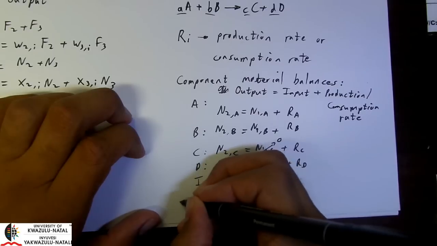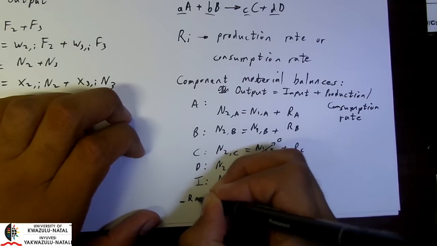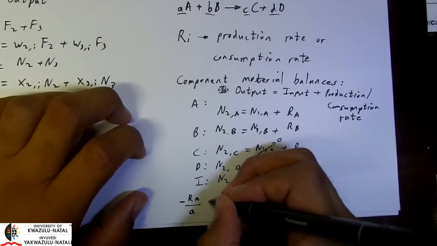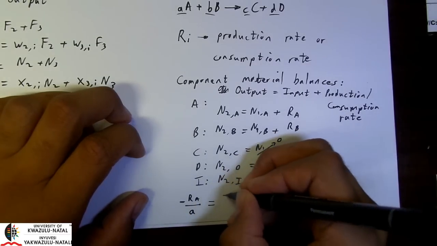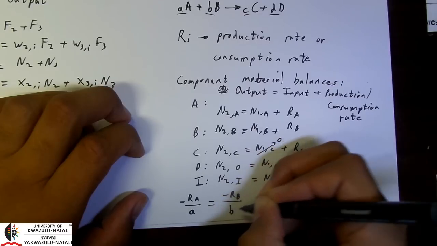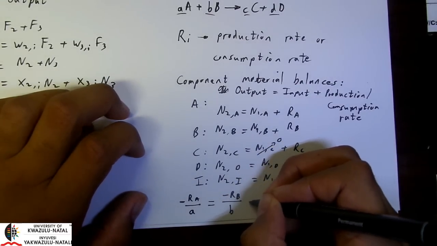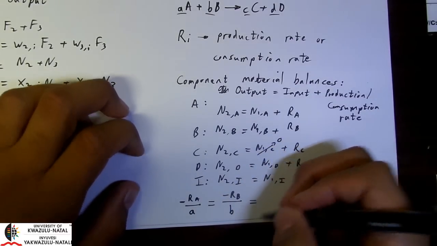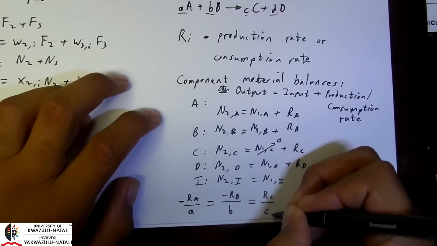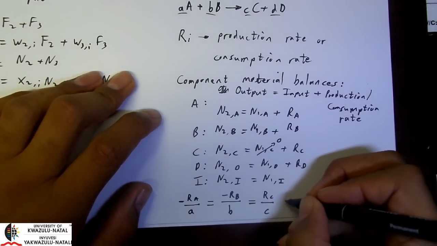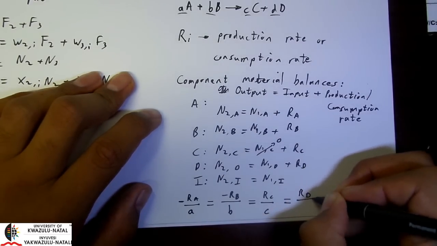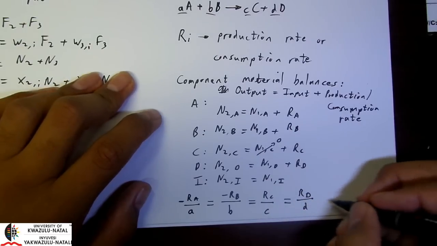We can say that negative RA over our stoichiometric coefficient a is equal to negative RB over our stoichiometric coefficient b, and that will be equal to RC over our stoichiometric coefficient c, and that is equal to RD over our stoichiometric coefficient d.